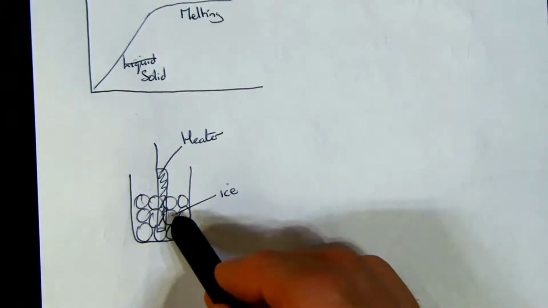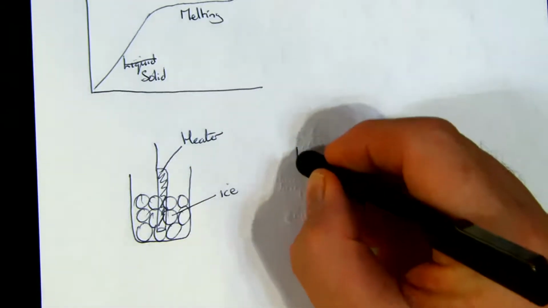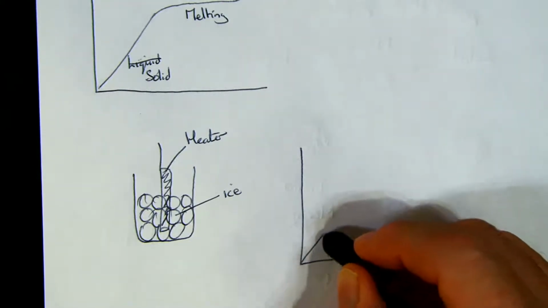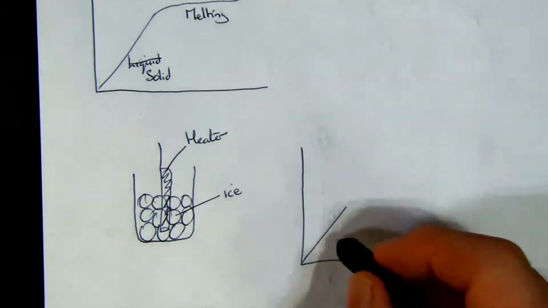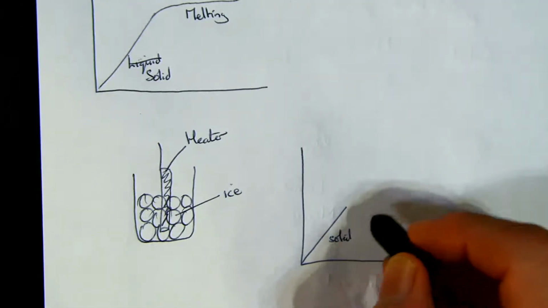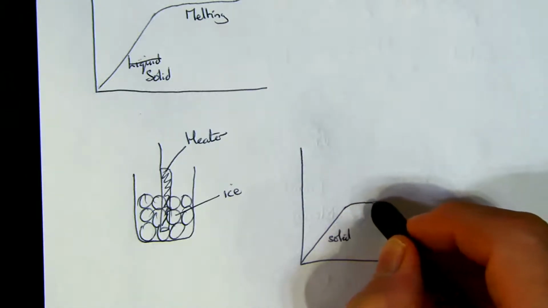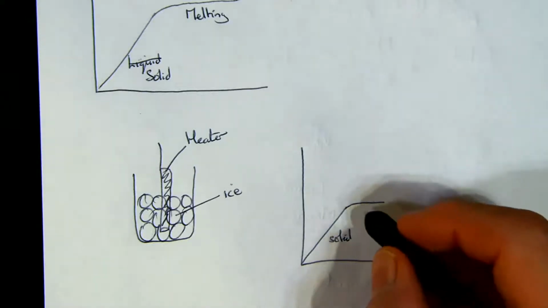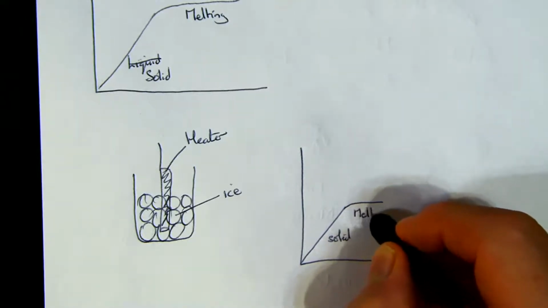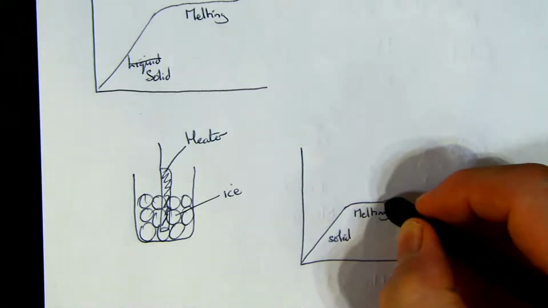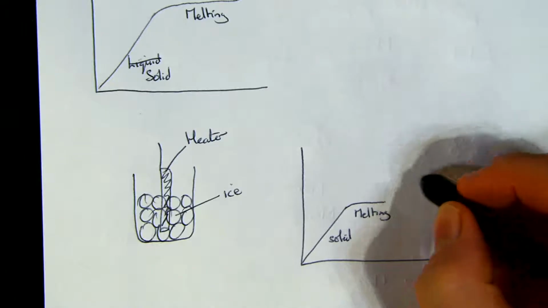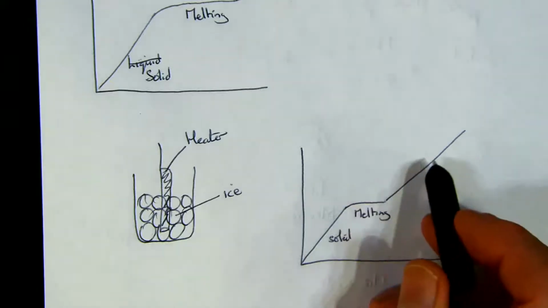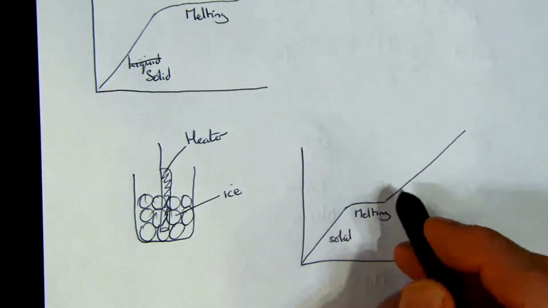We put in some ice cubes and we watch what happens as we start to heat. And as we heat, we find the ice gets hotter. So this is our solid. We then change from our solid to our liquid phase. So here is our melting phase. We then go up as water, and it's interesting to note that these two lines are at different rates.